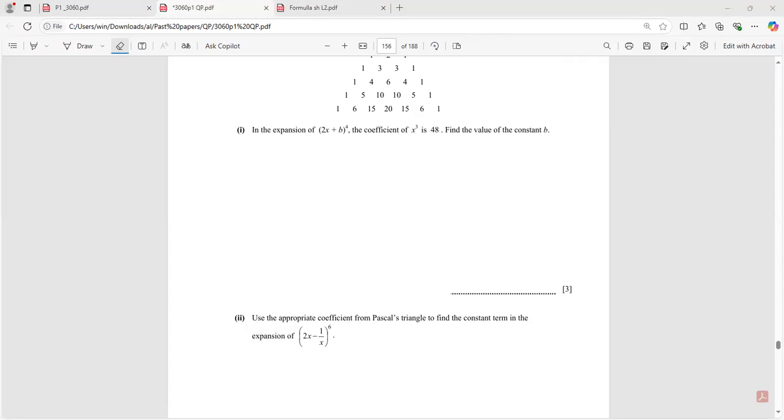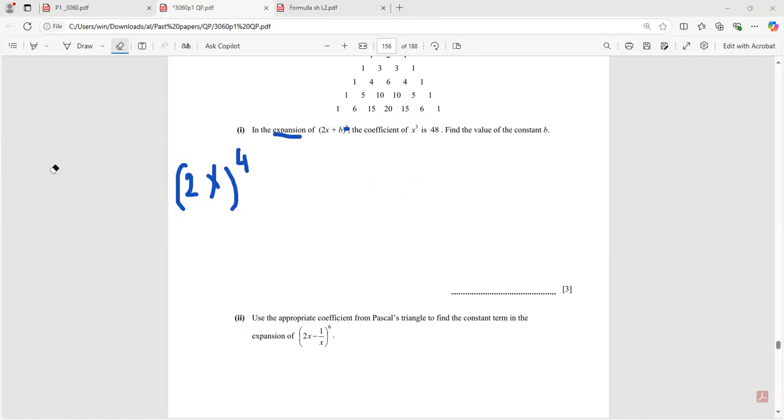Okay, question number 6. Here it asks for the expansion, my favorite. Let's see it. Here we have the first term, 2x. So we make it 2x to the power of 4, plus b. Don't forget that here we have the 2 also to the power. You don't have to leave a big space.